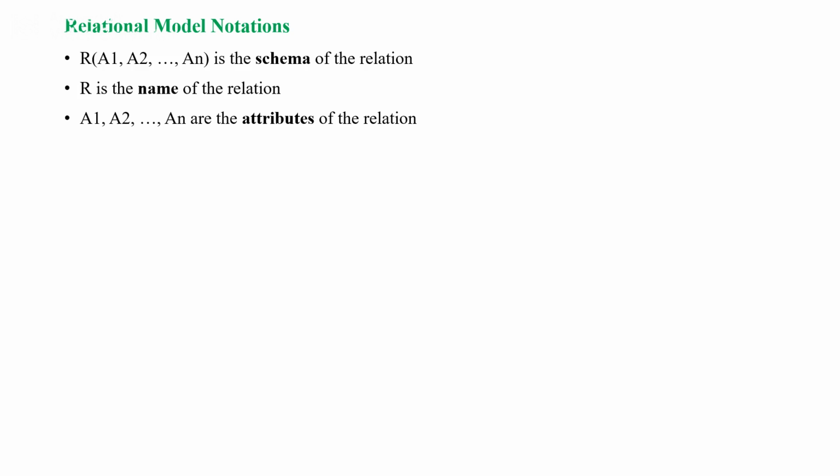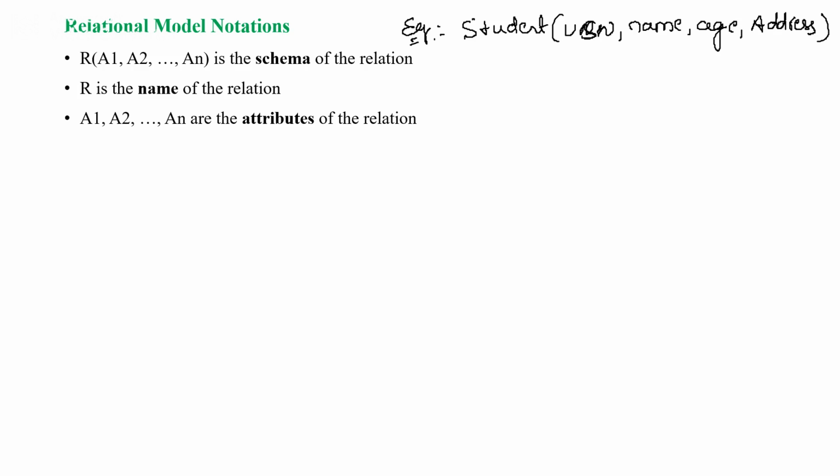For example, you can see with one small example how we are representing a relation. Here there is a student relation. The student relation includes USN, name, age, address. With this example, R is nothing but student, and A1, A2, A3 are the attributes of that particular relation.